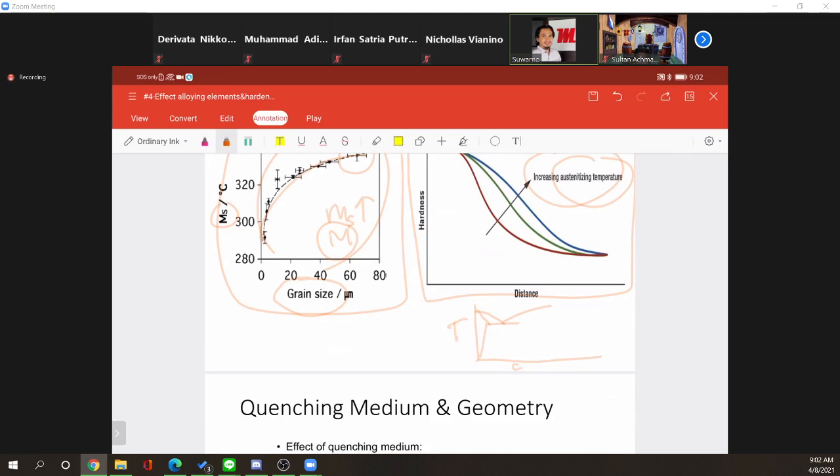And then you will ask the question: whether I austenitize at this temperature, which is 800, or here at 900, gives a different result. If the austenitizing temperature is different, either 800 or 900, the answer is this curve.